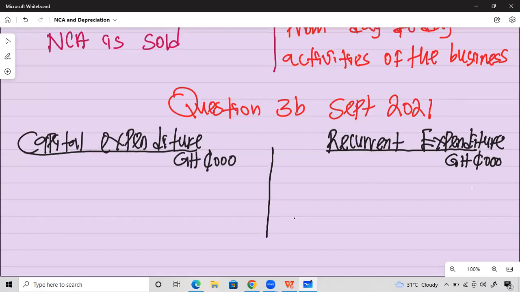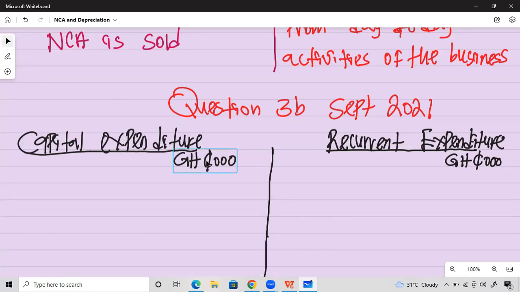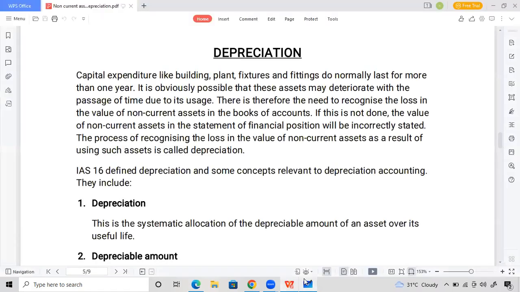So we are now going to look at this and check which one is capital expenditure and which one is revenue expenditure. Okay, so we can go now.